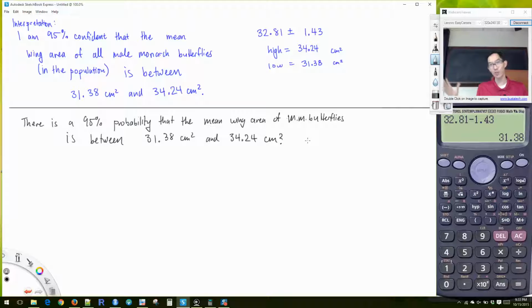We could measure the wing area of all of them, and we would get the true mean wing area of all butterflies. There's no probability associated with it. However, that is unknown to us, and so we can only make statements of confidence. It is not correct for us to make statements of probability. Is that distinction clear? Okay, so this is, we cannot say this.